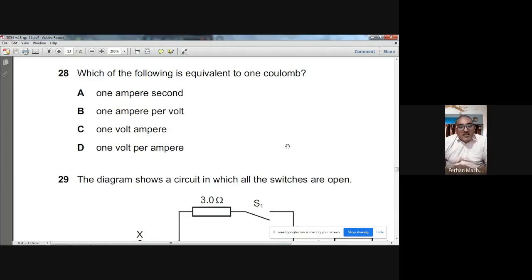You remember I equals Q divided by T, so Q equals I multiplied by T. I stands for current, T stands for time: 1 ampere, 1 second. So your choice will be A, 1 ampere second.